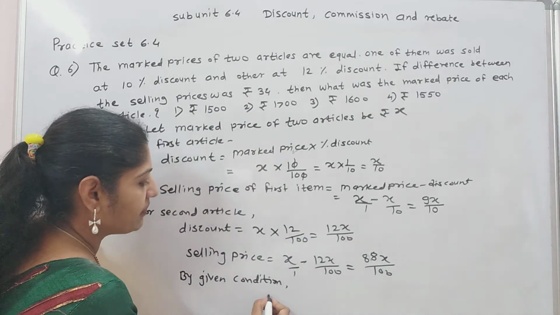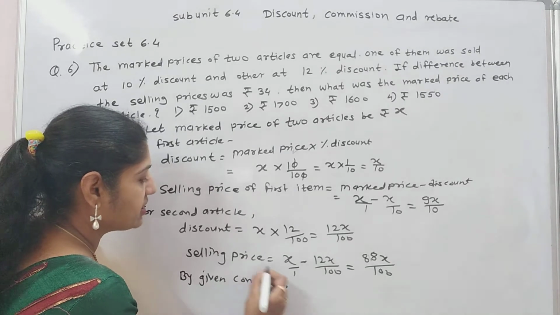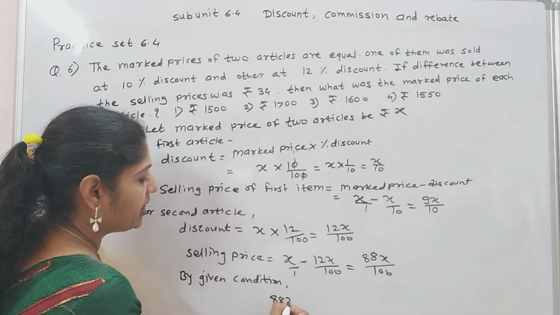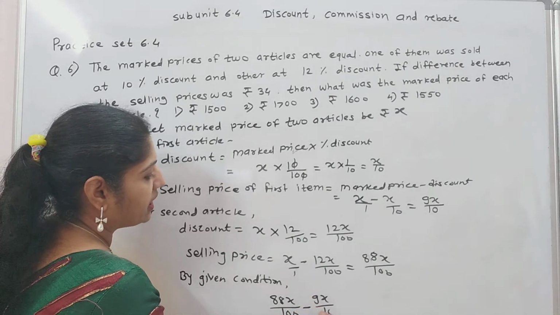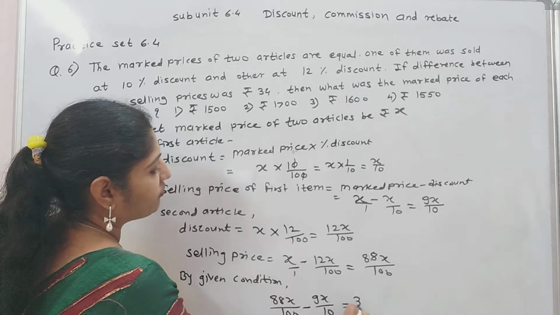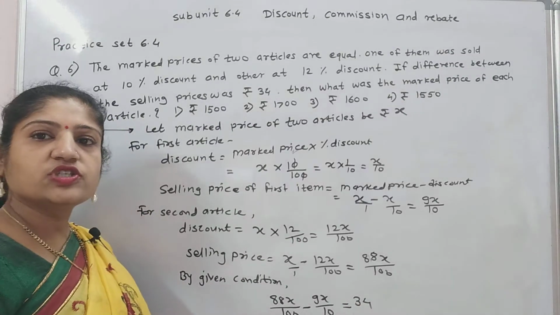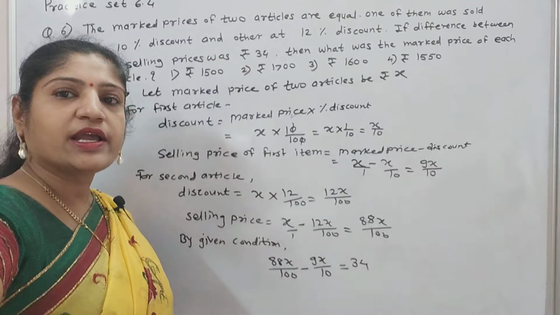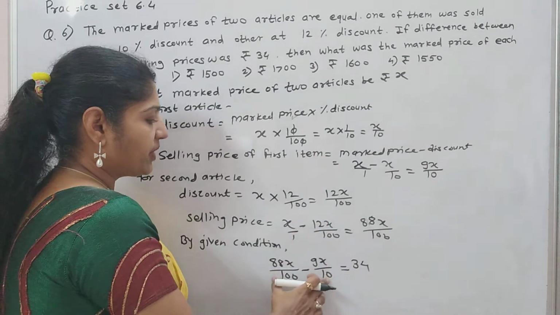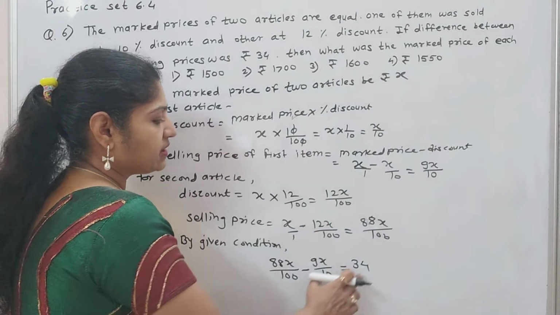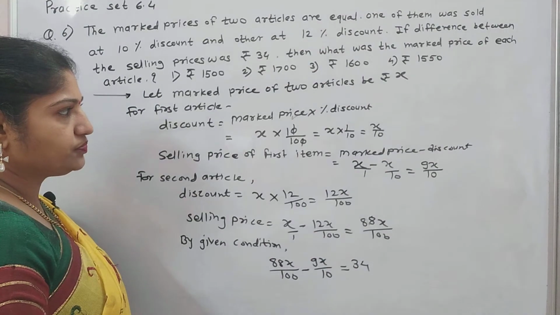So first selling price minus second selling price, 9X upon 10 minus 88X upon 100 equals 34 rupees.